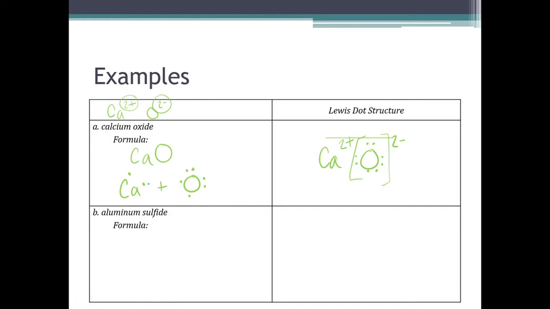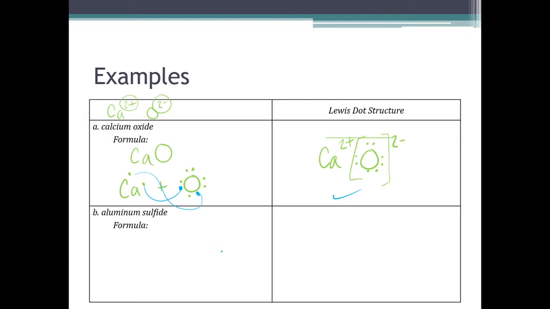So we'll have 1 electron from calcium transferred to right here, and then we'll have this electron from calcium transferred to right here. We'll end up with a naked calcium ion and a stuffed oxygen ion because we lost 2 from calcium and gained 2 in oxygen. So sort of double check yourself there. We are all set. Let's move on to the next one.